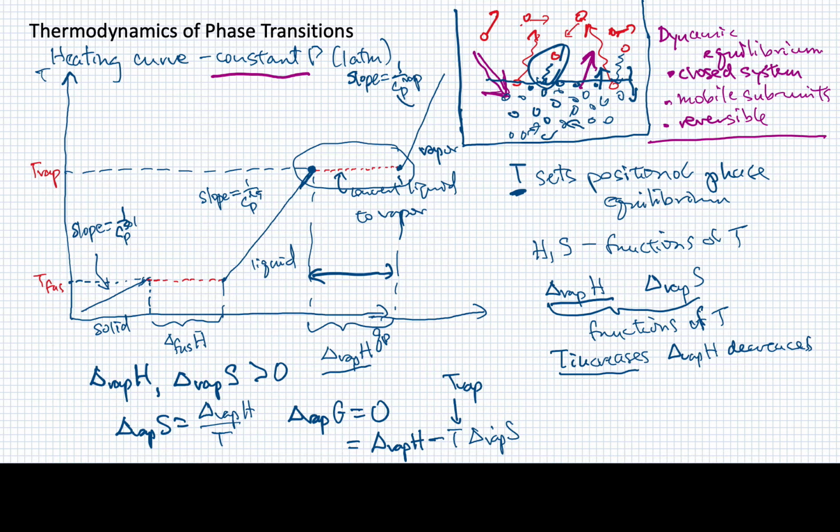All right, the bottom line for all of this are some really key points. I've indicated that the vaporization Gibbs energy at this phase transition is 0, but it is also true for the molar Gibbs energy, and that's going to be something that we'll care about even more very shortly. But we can write this as the molar Gibbs energy of the vapor minus the molar Gibbs energy of the liquid. So if this is equal to 0 at a phase transition, that's telling us that at that phase transition, the molar Gibbs energy of the vapor at T vap is equal to the molar Gibbs energy of the liquid at that same temperature.